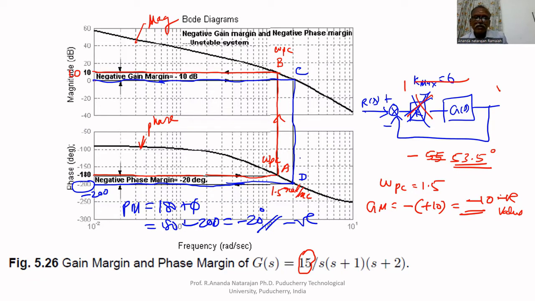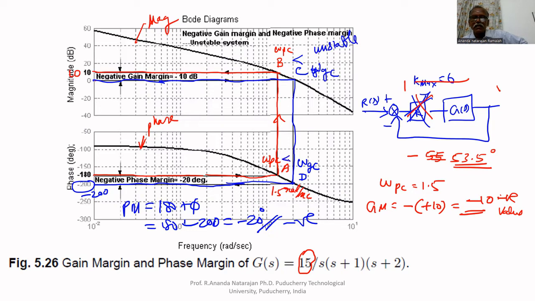So the point D is called gain crossover frequency, omega GC. If omega GC is greater than omega PC, unstable, we can easily say.